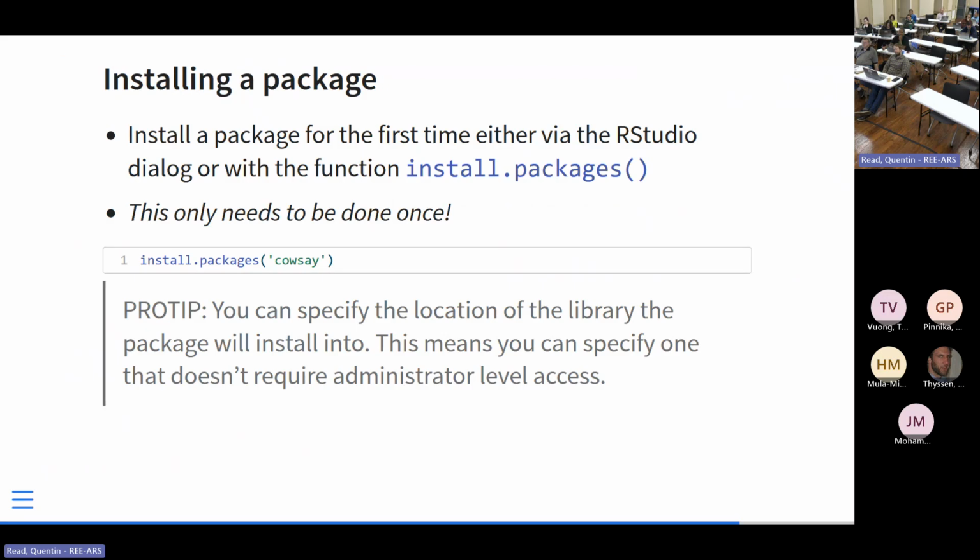And if you want to use a package for the first time, you need to install that package. That means like you would install any software that you would use on your machine. So download it and get that code onto your machine so you can use it. Install.packages is what you'd use.